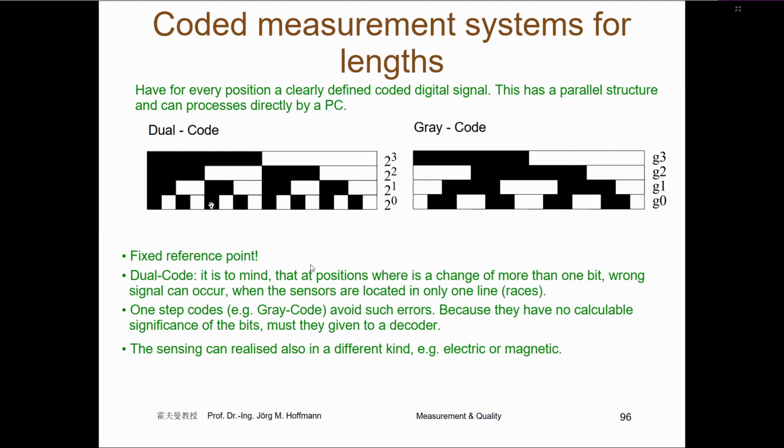Now with the dual code we have a problem, because it can happen that more than one bit changes at the same time. You see here from high to low, from low to high, from low to high. And with such a point, the question is, who is the first? I will show you that.